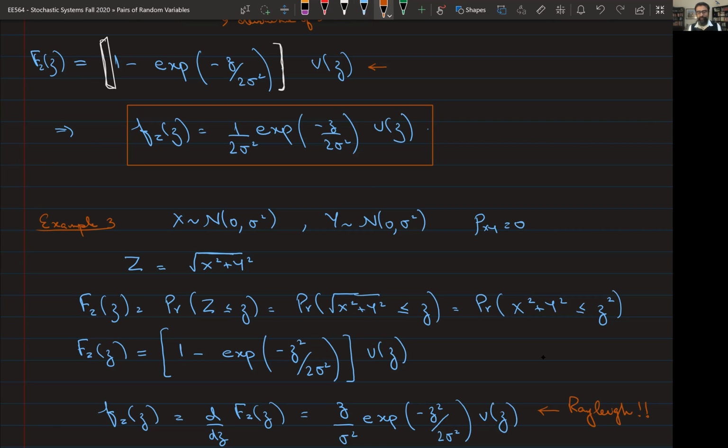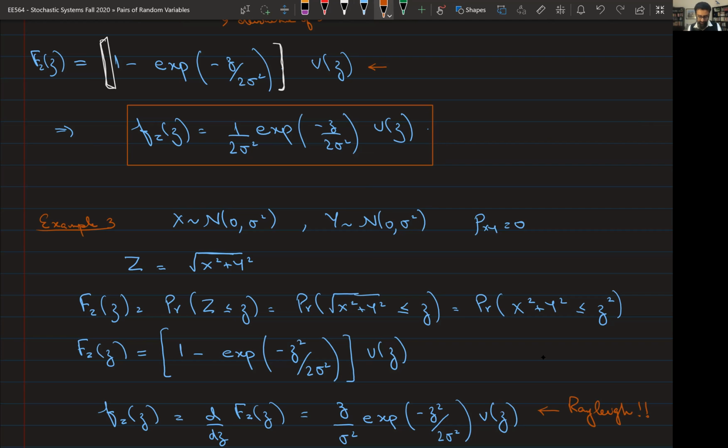So it turns out, if x and y are independent, identically distributed, zero-mean Gaussians, the square root of x squared plus y squared, or the distance from the origin, actually follows a Rayleigh distribution. So that's a result that we've been able to derive.